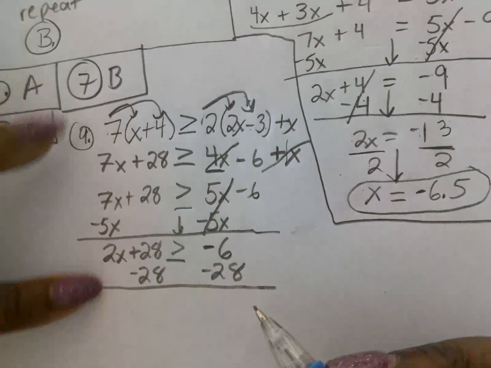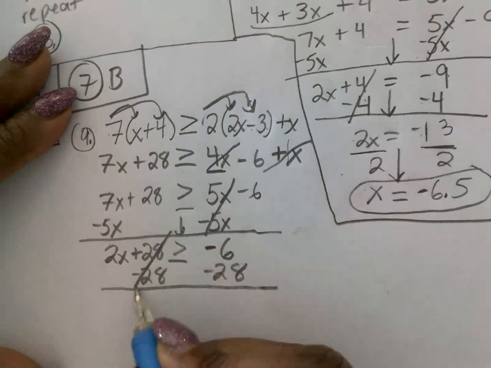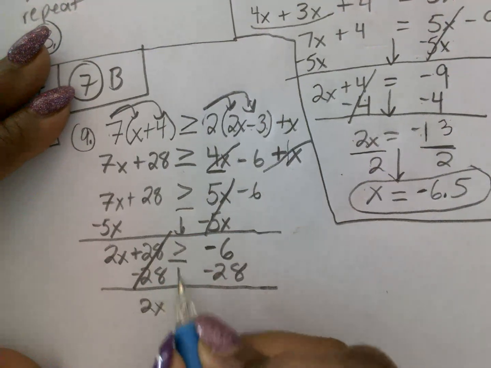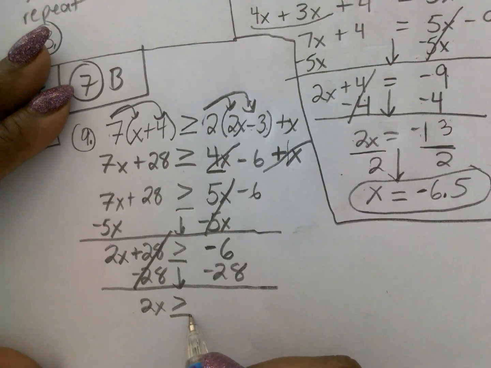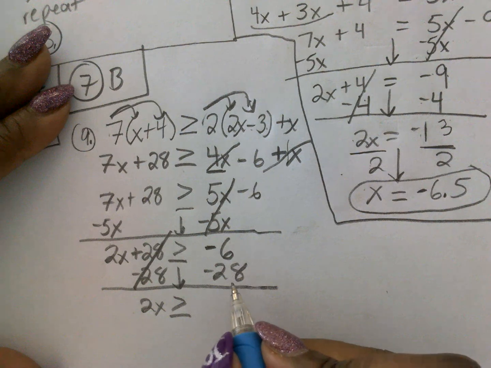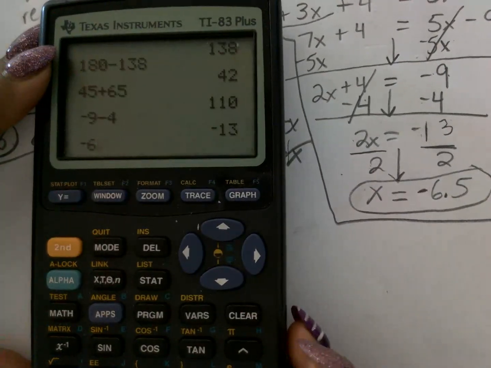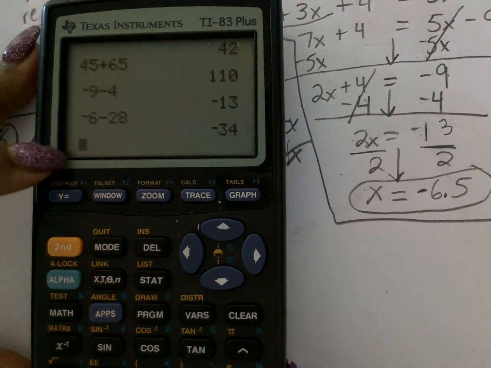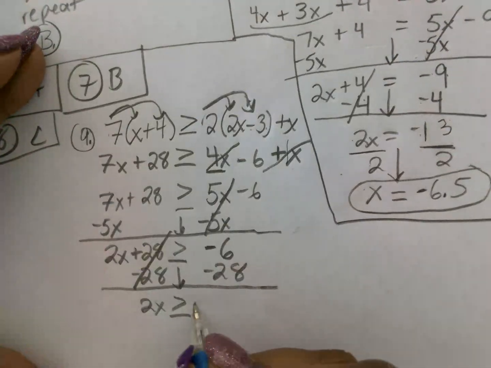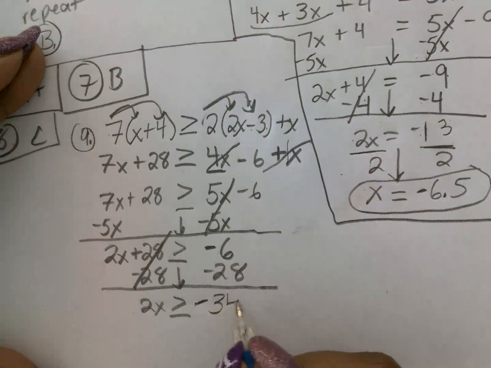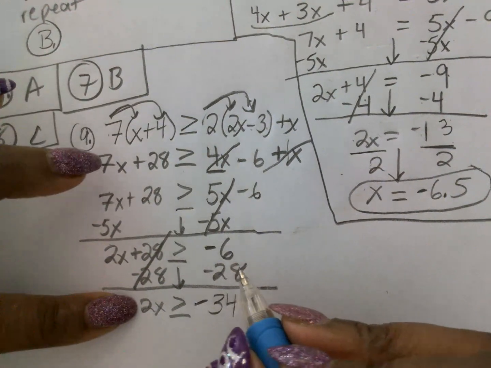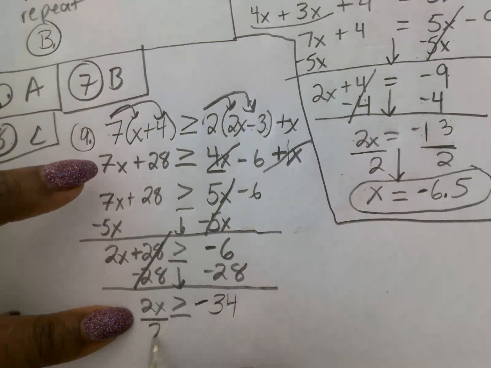When I subtract 28 from this side, this is gone and I'm left with 2x. Bring down the inequality. And then this, remember, you have negative 6 minus 28. That's negative 34. Okay? Now we're going to divide both sides by 2.